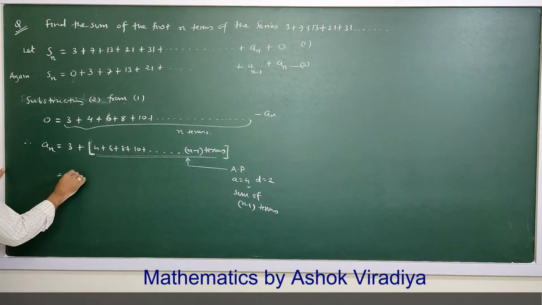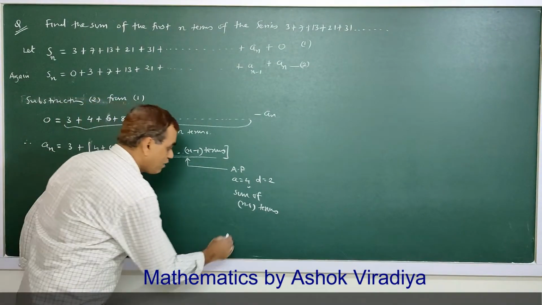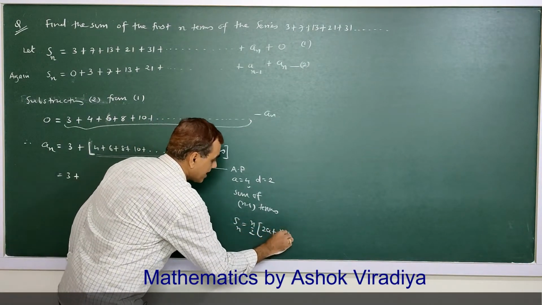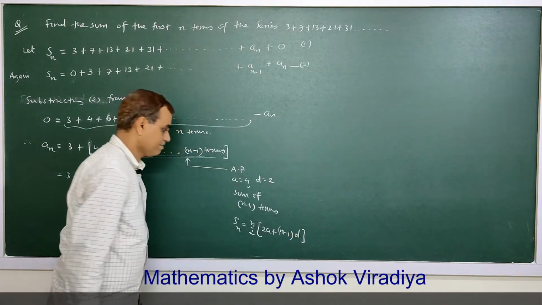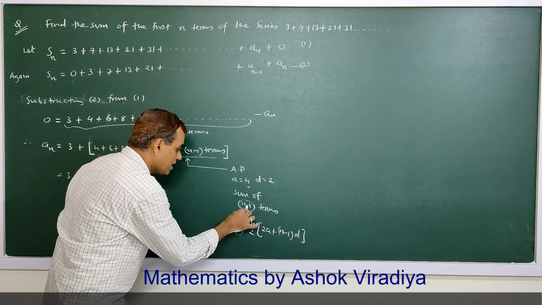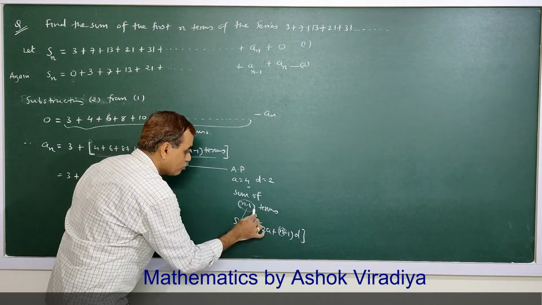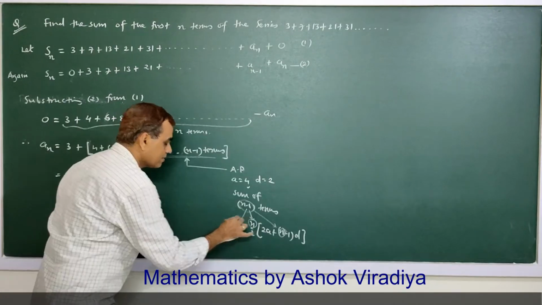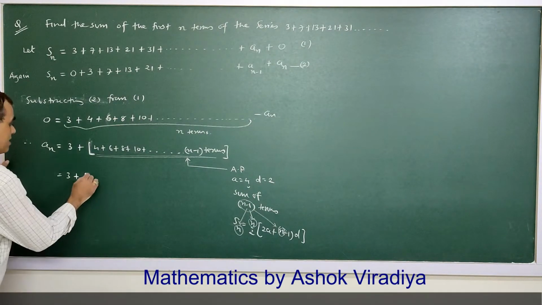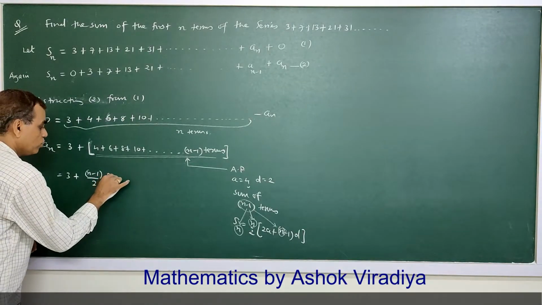So this is equal to 3 plus, now sum of n minus 1 terms, we are using this formula. Sn is n by 2 into 2a plus n minus 1 into d. So n will be replaced by n minus 1. So sum of n minus 1 terms is n minus 1 by 2 into 2a. What is a?